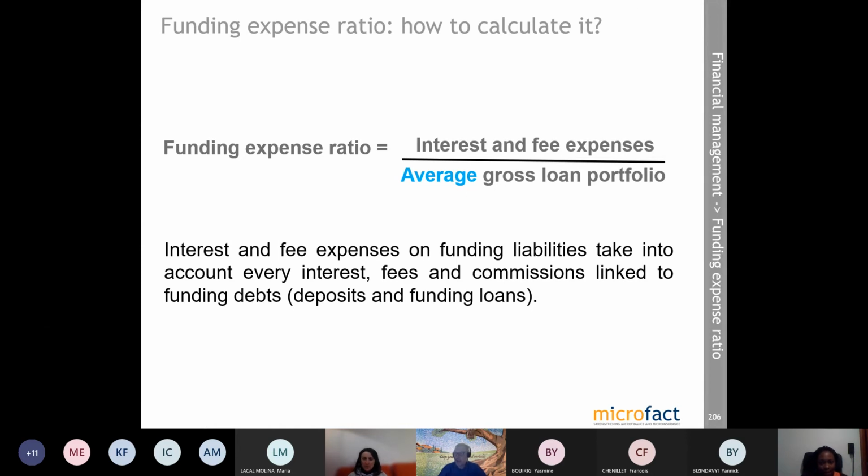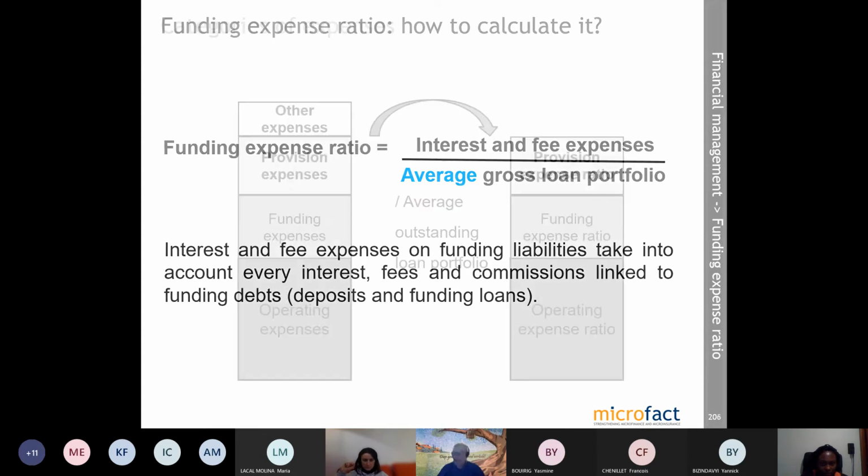So linked to my funding debts, and because it's a figure from the profit and loss divided by a balance figure, I have to take the average, and I have to keep in mind, if I am not at the end of the year, annualization. You know the mantra, keep this in mind.